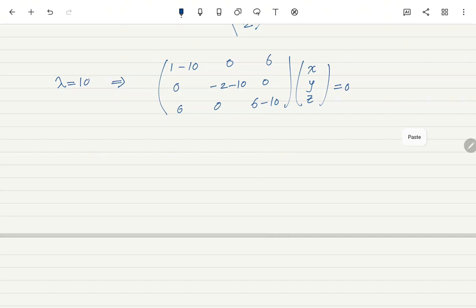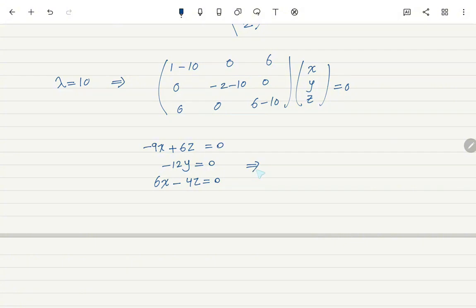Upon solving this, we will get 3 equations: minus 9x plus 6z equal to 0, minus 12y equal to 0, 6x minus 4z equal to 0.